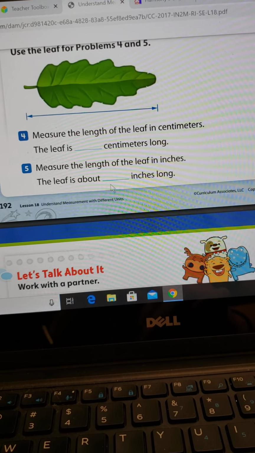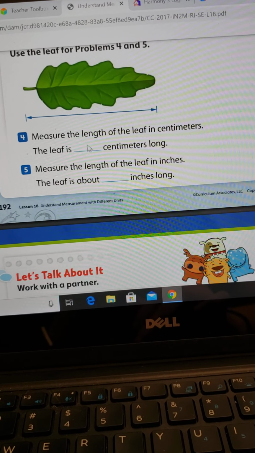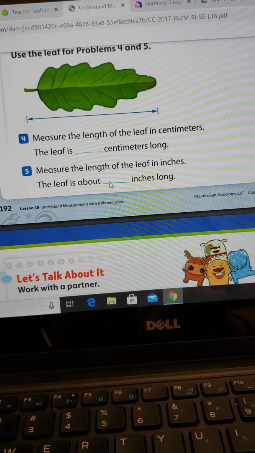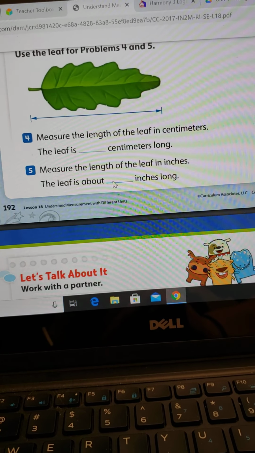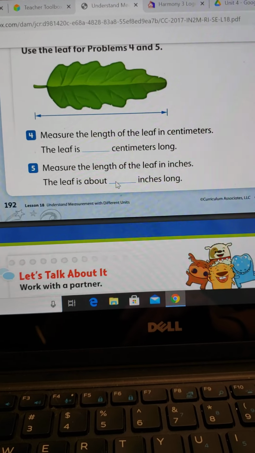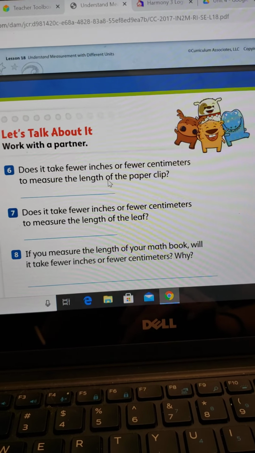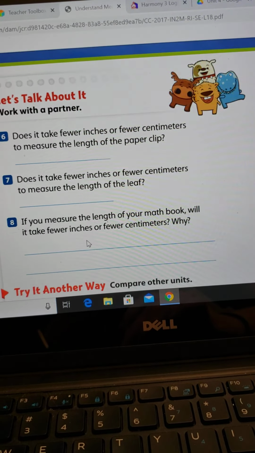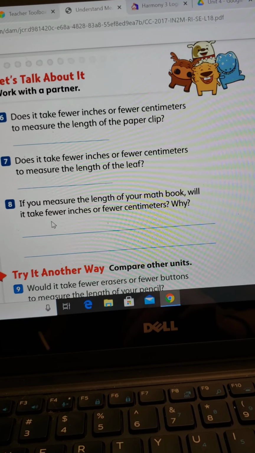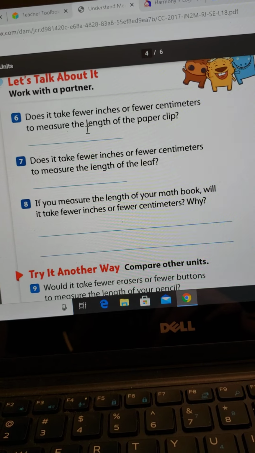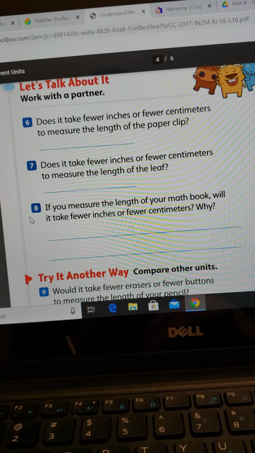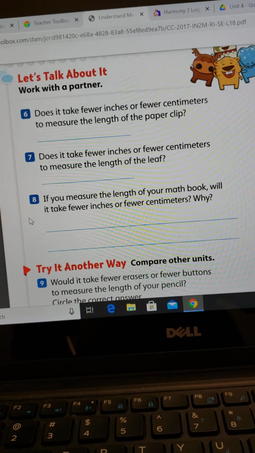Which one is less? 8 or 3? I hope you said 3, otherwise we might have to go back and do some review, right guys? All right, so my answer again is going to be inches. I'm noticing a pattern. Inches here and inches again right here. I'll give you a second to write those.